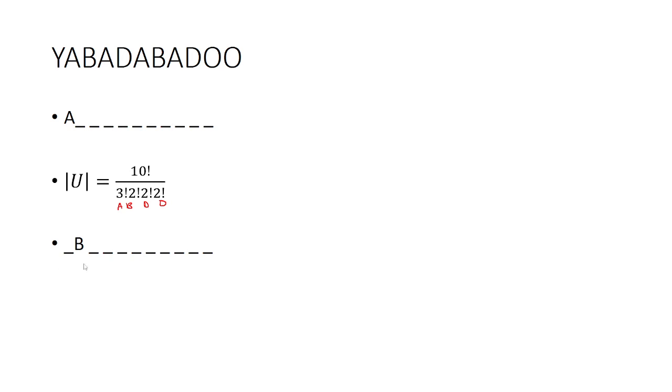For set V, now you still have 10 letters to choose from. Also, I should add that set W is going to be the same as set V. The reason is because they both have 10 letters to choose from. V has 4 A's, 2 D's, and 2 O's, versus W has 4 A's, 2 B's, and 2 O's.